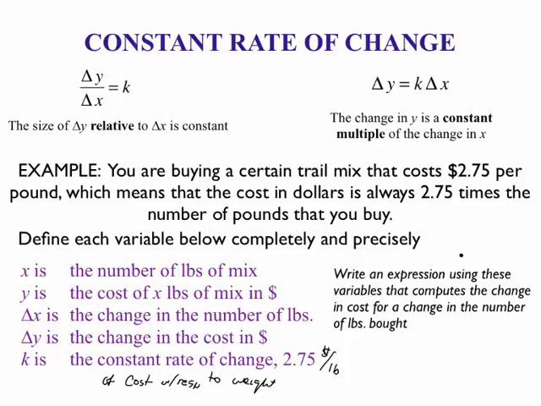Okay, so that's the previous question that would compute change in y over change in x, if we wanted to compute the constant rate of change. This is a slightly different situation. Now I have a change in weight, and I want to know the change in cost.